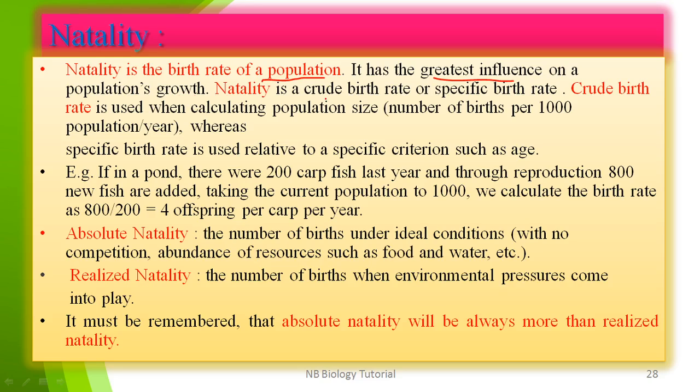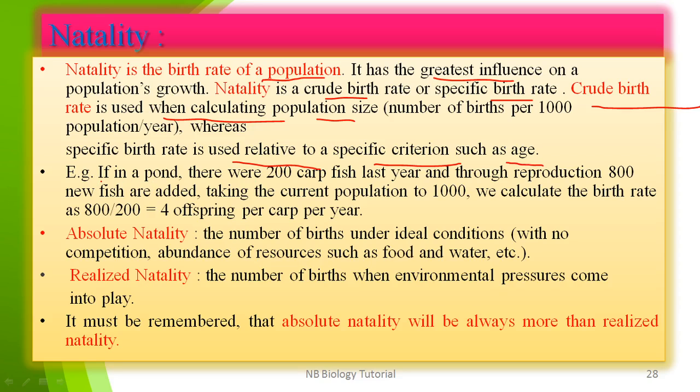Natality is expressed as a crude birth rate or a specific birth rate. The crude birth rate is usually used when calculating population size, that is the number of births per 1000 population per year. Whereas the specific birth rate is used relative to a specific criterion such as age.